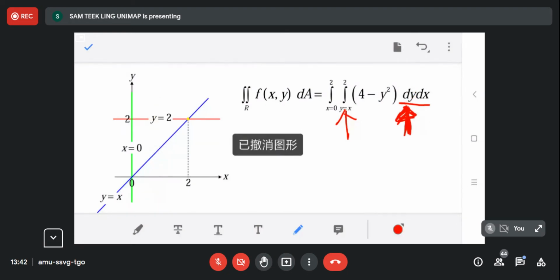So this line is along the y-axis, and you can cut anywhere you want.